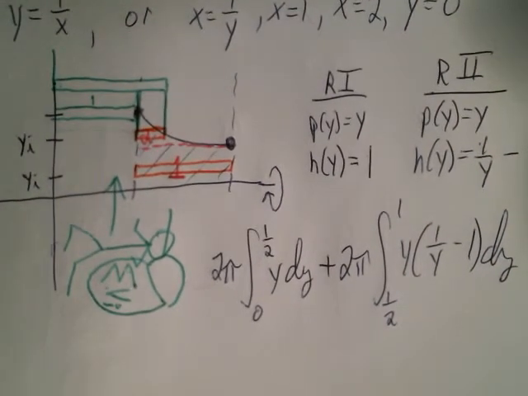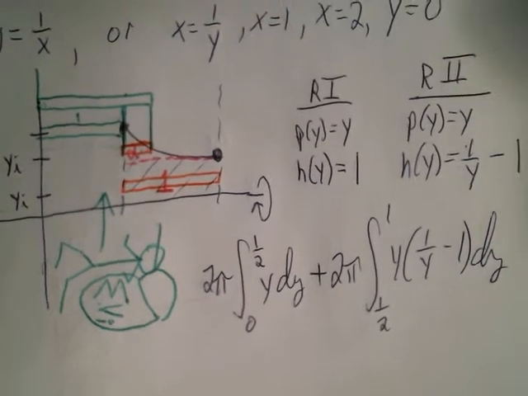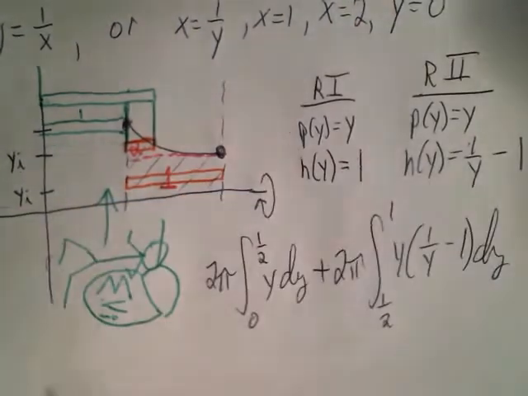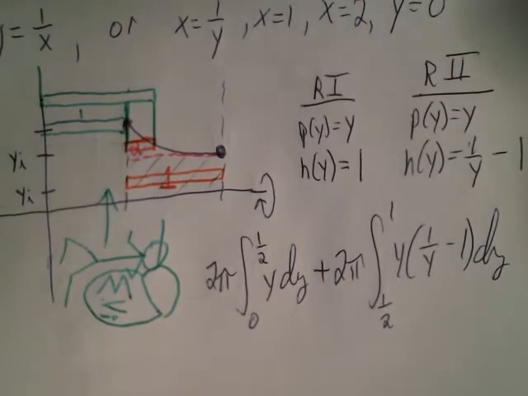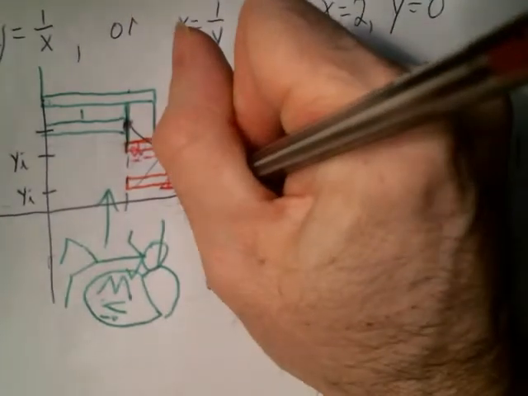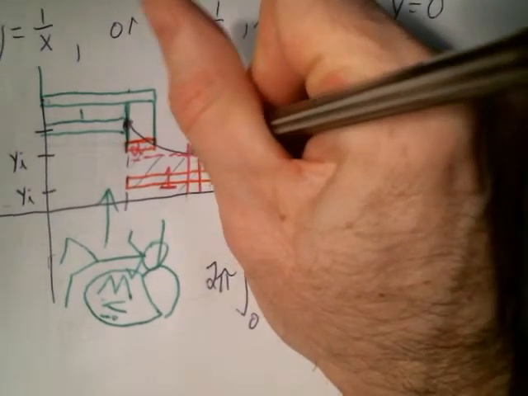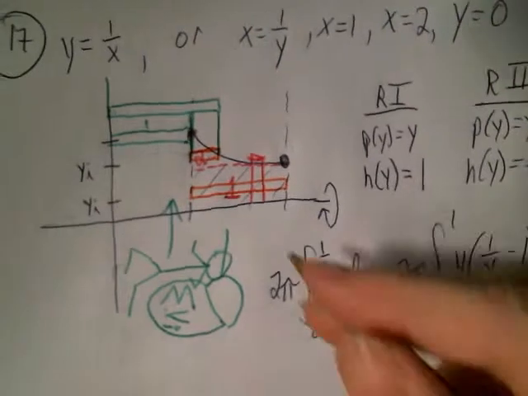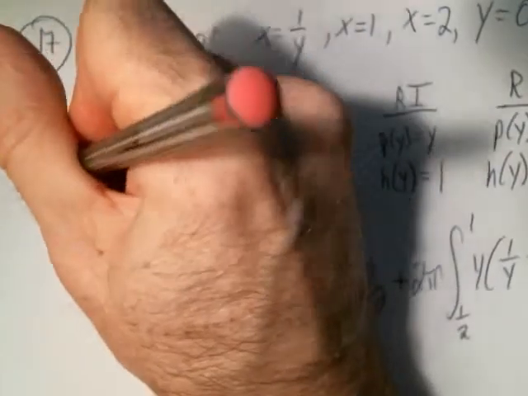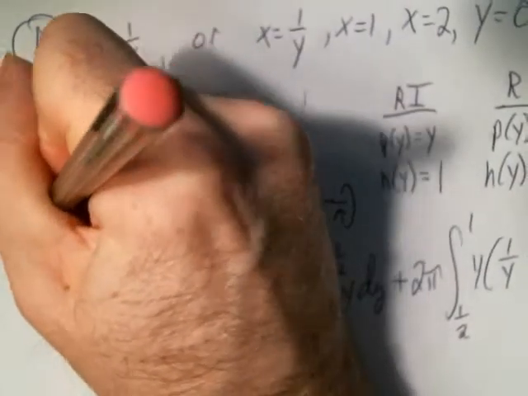So like I said, this is probably not the direction you want to go in when you're dealing with these kind of regions, because at the end of the day, it's much quicker to just do a disk method and let your running man go in this direction for the disk.